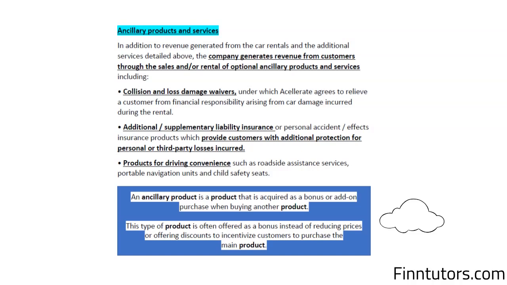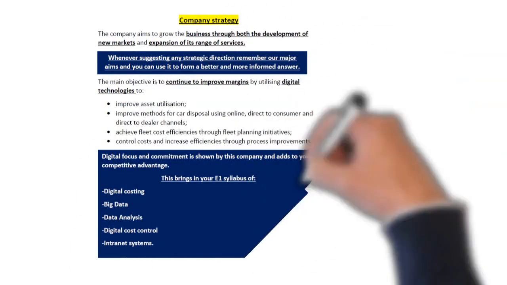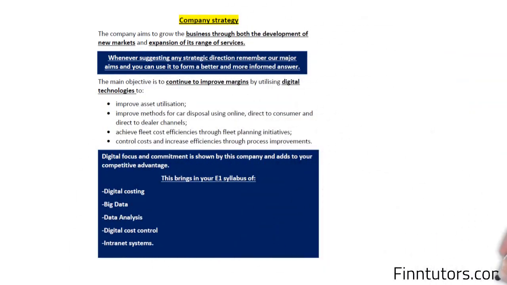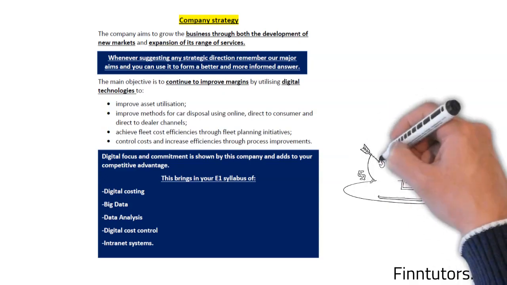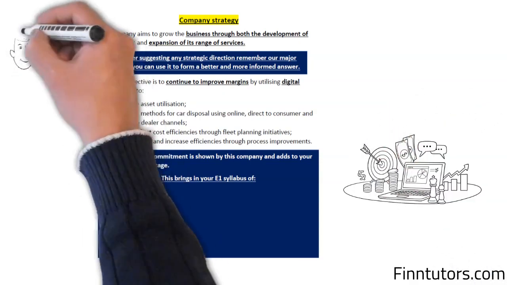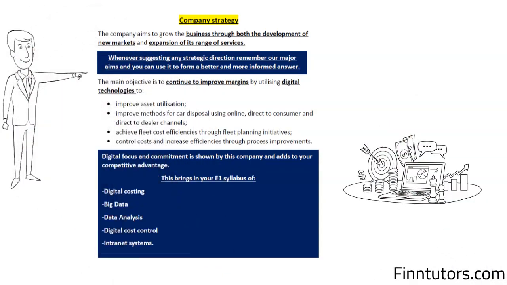Moving on to a very important part, which is our company's strategy. Now, the company aims to grow the business through both the development of new markets and expansion of services. So, you want to expand geographically, plus, you want to expand your services.